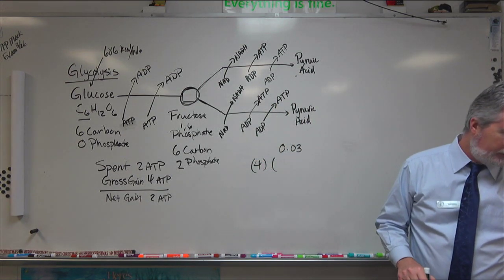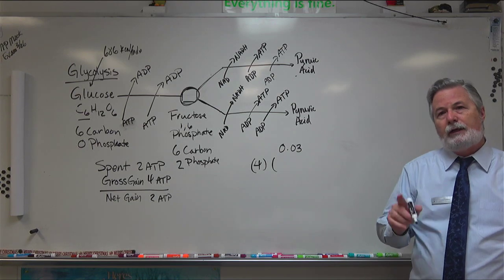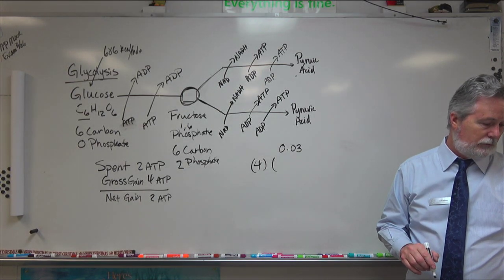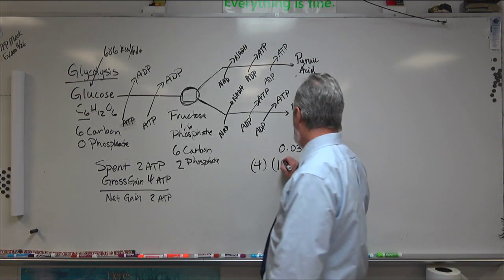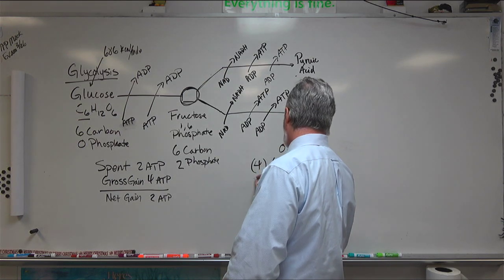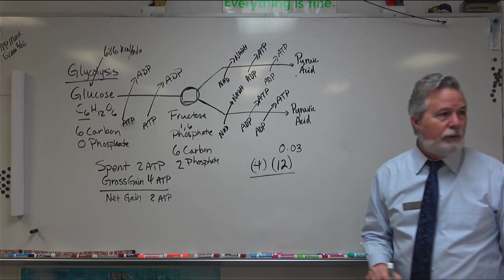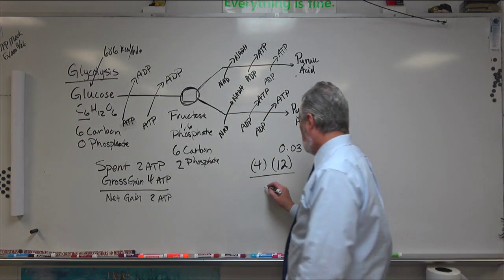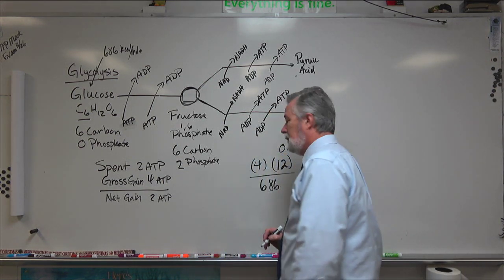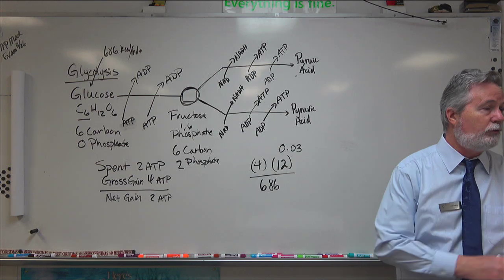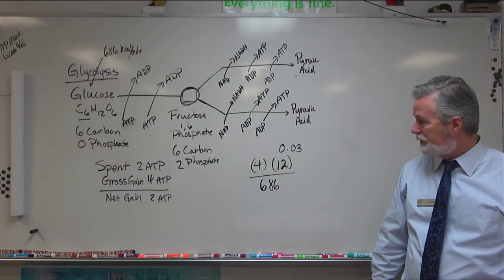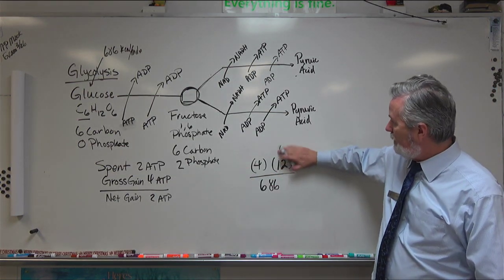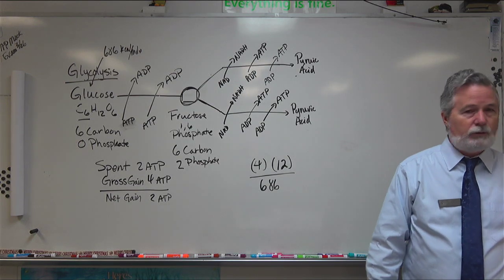And then how much energy is required for 1 ATP? 12. And then how much energy does glucose have? 686. Remember, oxidation basically deals with the removal of electrons. So if we completely broke down glucose, it would be 686. So do that math and tell me what you get.